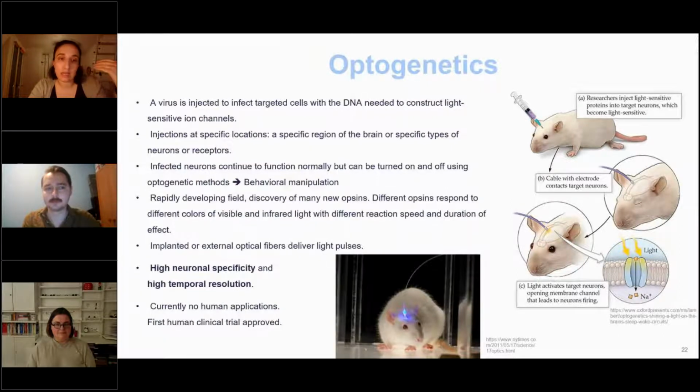And they are constantly developing new types of viruses that have different responses to different colors, different types of light, and the response can be very fast or quite slow, and the ions might be kept open for a long duration of time, or very transient for a short duration of time.